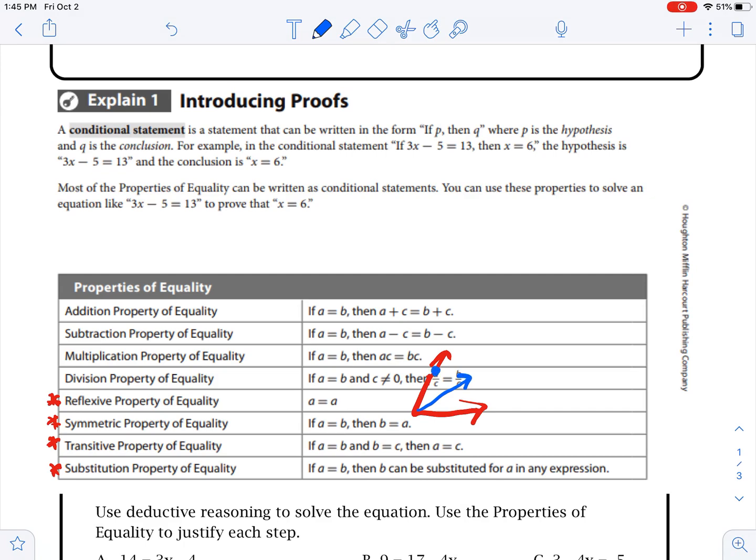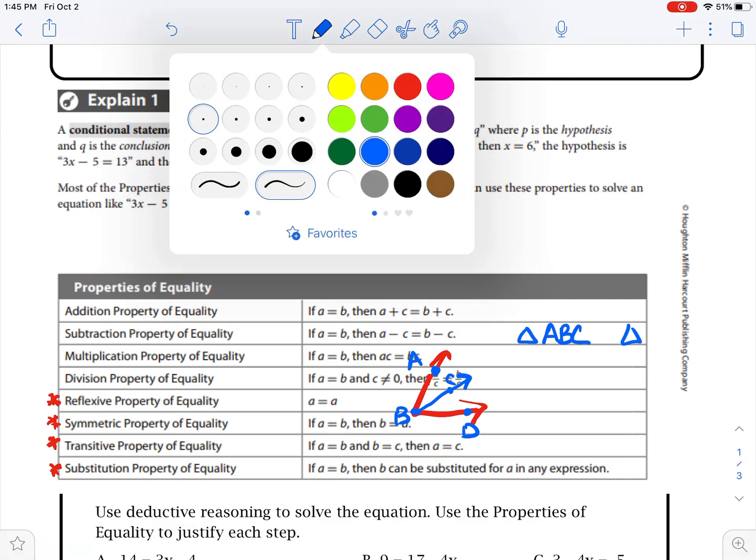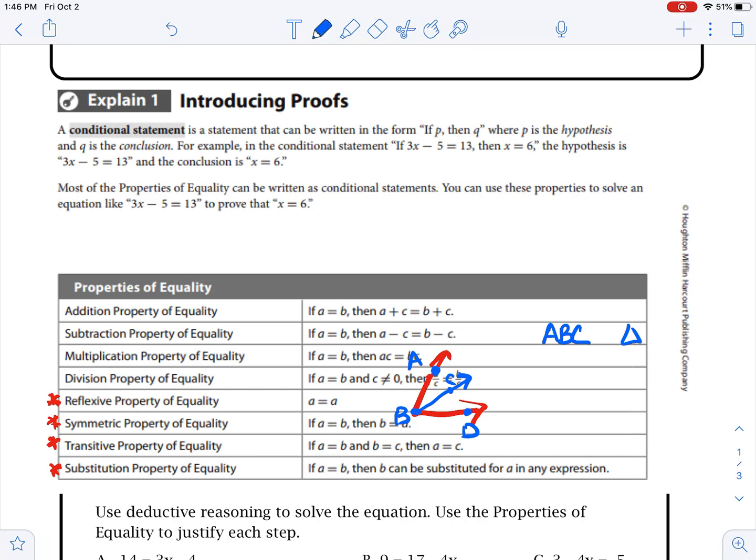Let's say we have points A, B, C, and D. If I look at these two angles, I have angle ABC and angle CBD.